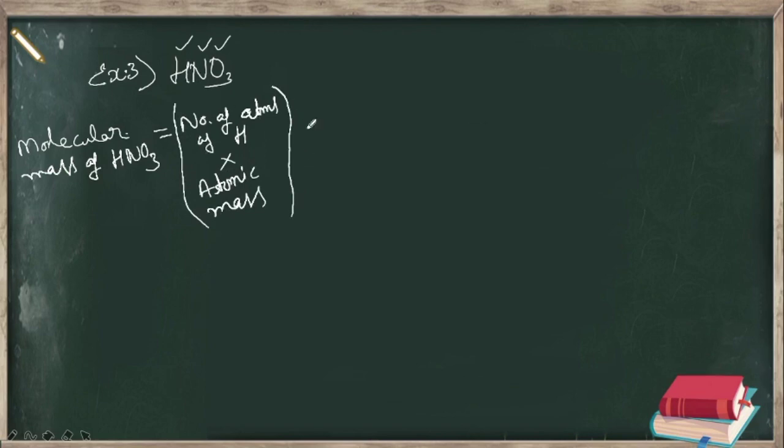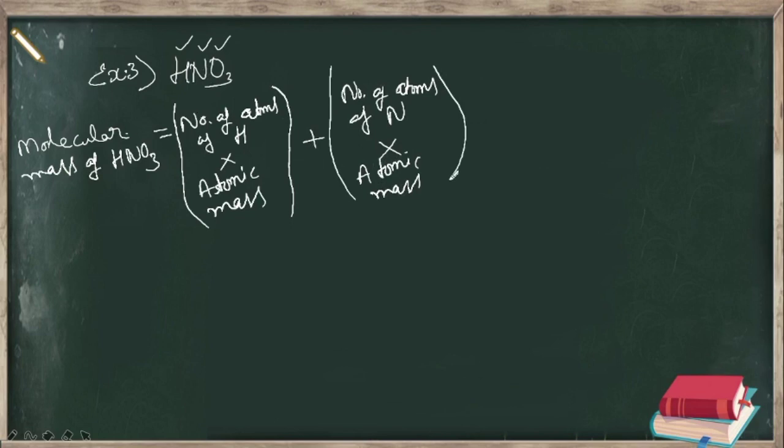Next, what we have to do? We have to write the plus sign, then again use the formula. So number of atoms of which element? The second element is nitrogen, into its atomic mass. Don't bother about this atomic mass, because I didn't write nitrogen, but keep it in mind: here it is the atomic mass of hydrogen, here it is the atomic mass of nitrogen.